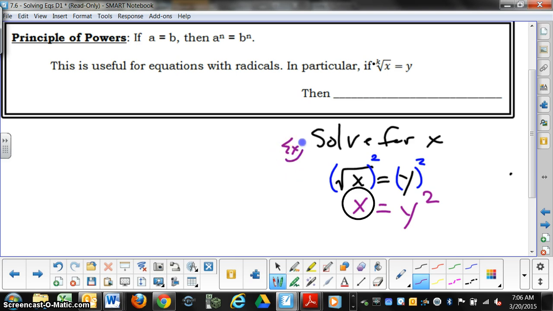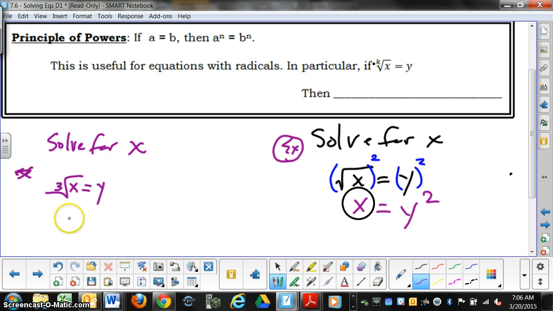What if I took another example? Solve for x, and I had the cube root of x equals y. Show me, what does x equal? Did you get the same thing as I did? I bet you did.